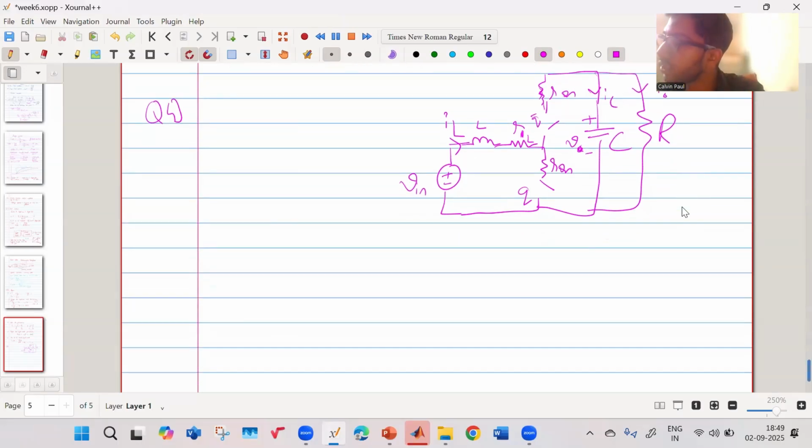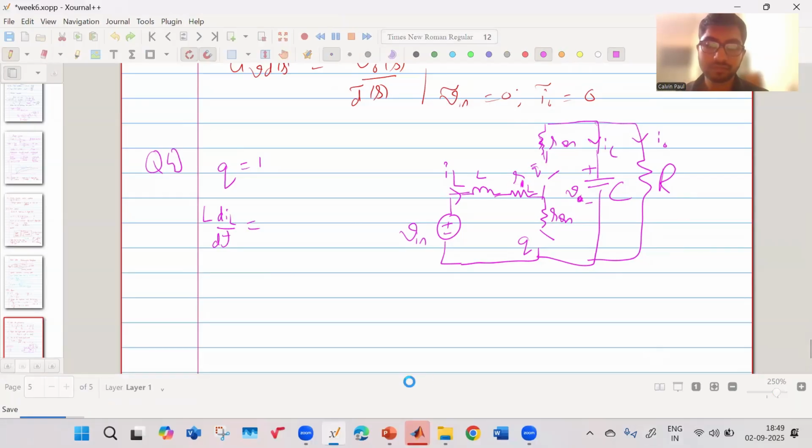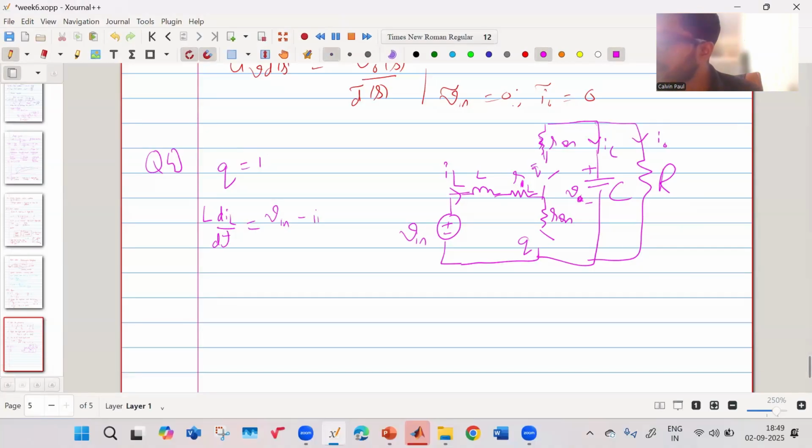Now I will first write the dynamical equations. When Q equal to 1, what is my L dIL by dt? Can you tell me? Vin minus IL into RL plus R1, that is, Vin minus IL into RL minus IL into R1.